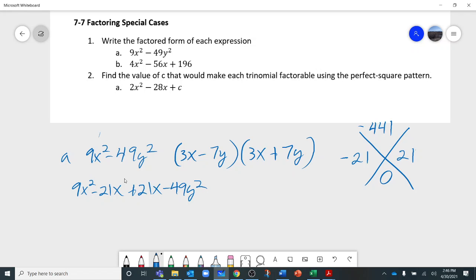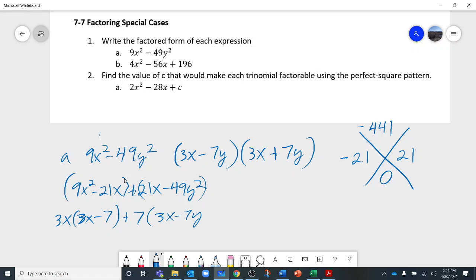And just like we've been doing, we can factor these out. Greatest common factor is 3x right here, and left inside is 3x minus 7. And then over on our other side, greatest common factor is a 7, and then we get a 3x minus 7 on the inside.